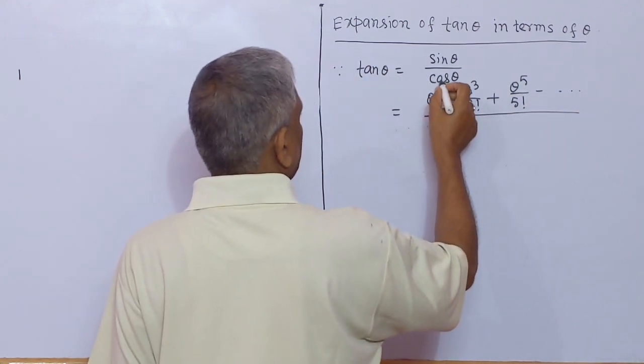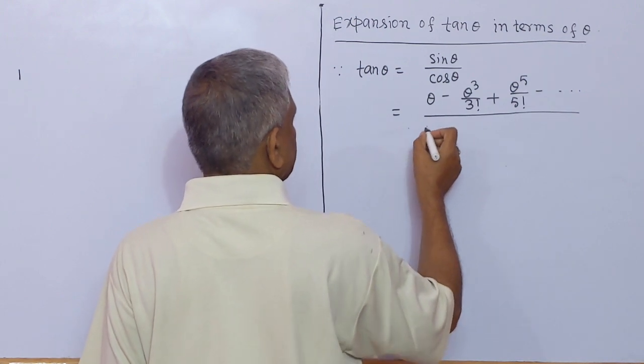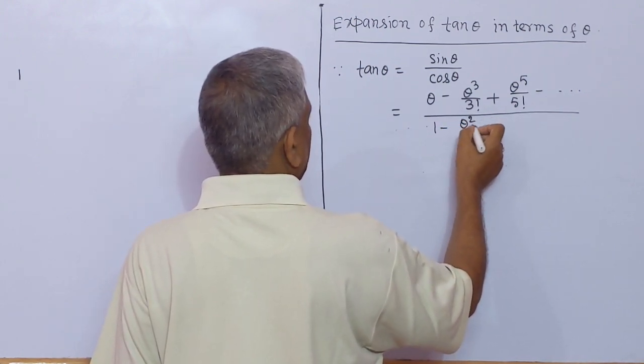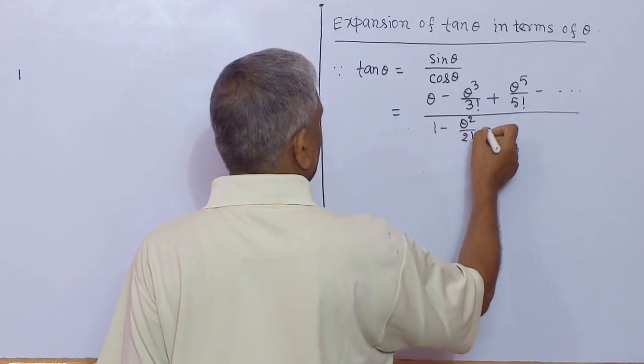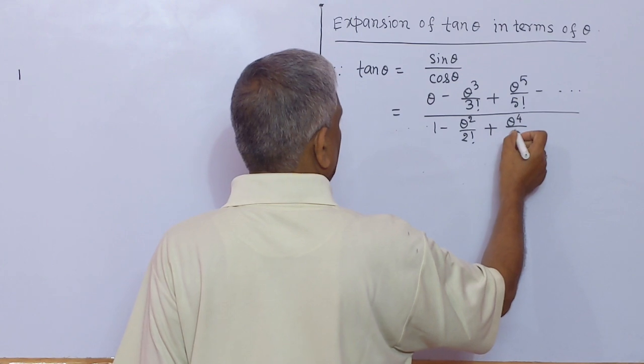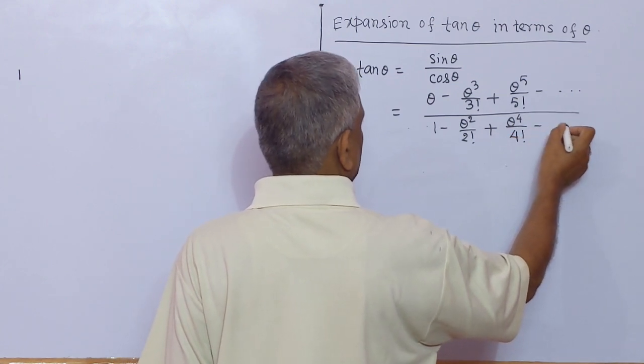Here the value of cos theta is 1 minus theta square by factorial 2 plus theta to the power 4 by factorial 4 minus dot dot dot dot.